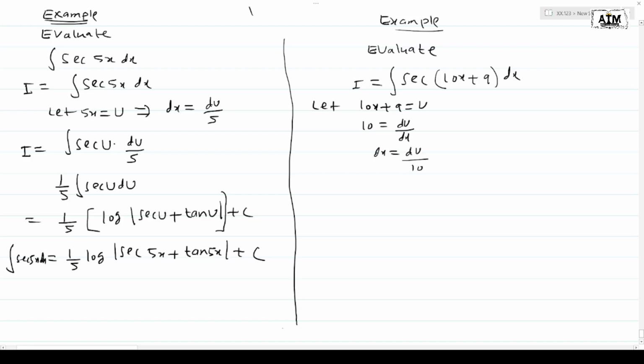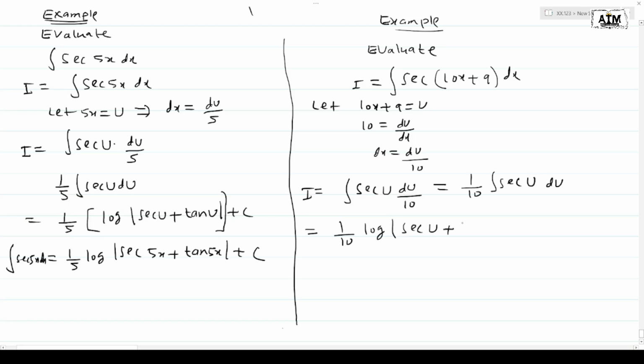Therefore, I equals the integration of sec u du upon 10. 1 upon 10 is taken outside. The integration of sec u with respect to u equals 1 upon 10 log modulus sec u plus tan u modulus close plus c. What is u? 10x plus 9.